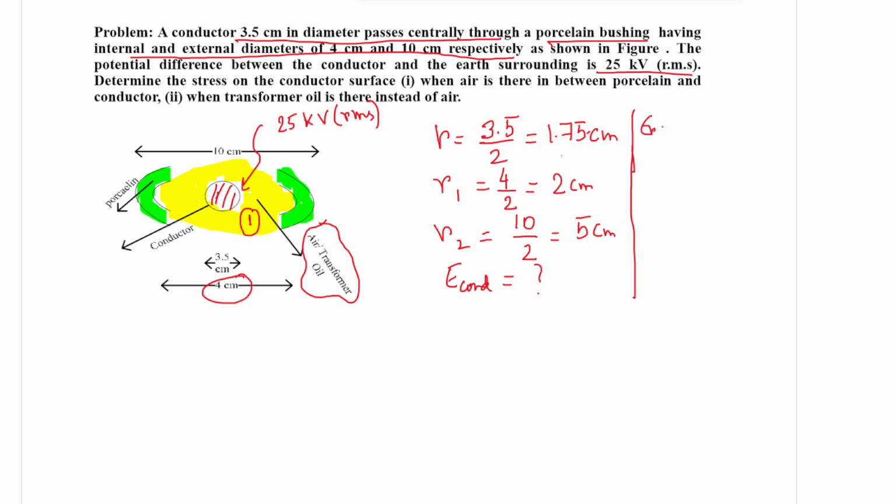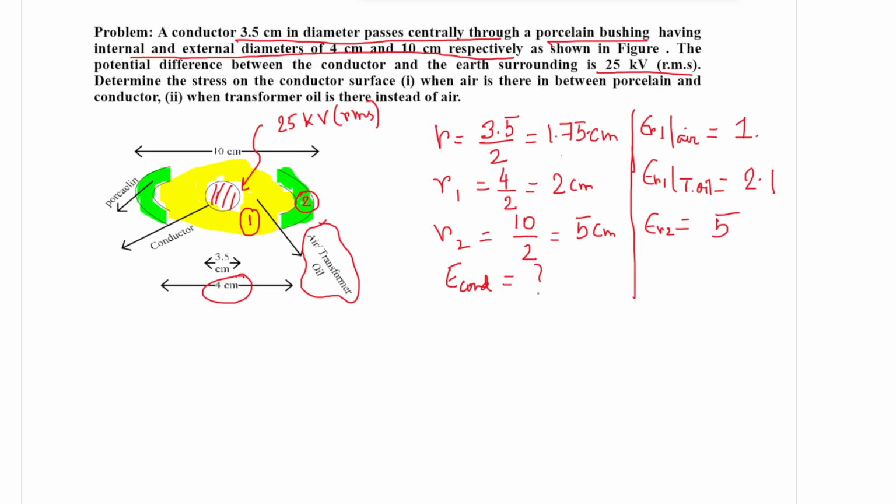So epsilon R1 for air is 1, its standard value, and epsilon R1 for transformer oil is 2.1. Now medium 2 is the porcelain. So epsilon R2, as given, for porcelain is 5.